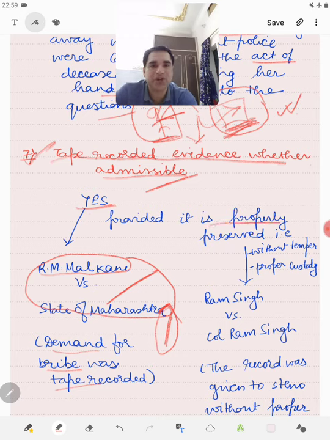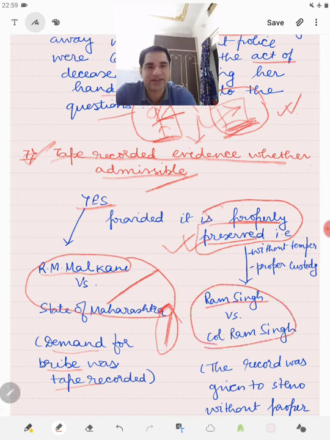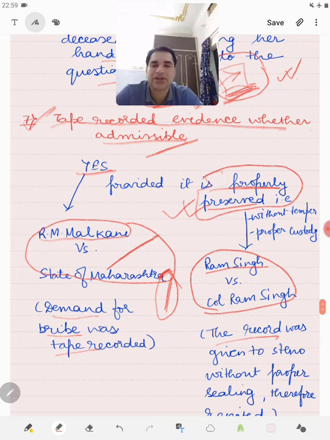But there is one very important corollary attached to it, that this tape recorded evidence should be properly preserved. If it is not properly preserved, it will not be admissible. This was held in the case of Ram Singh versus Colonel Ram Singh. In this case, what happened is that the person in authority tape recorded the evidence and gave it to her steno without proper sealing, and therefore as it was not properly preserved, it was held not to be admissible.